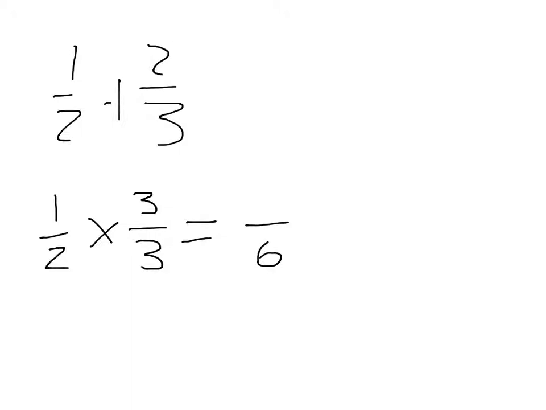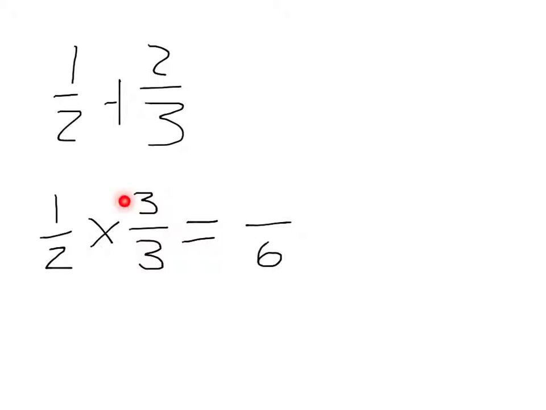Because remember, we're looking how to get this denominator to 6. And in order to get our denominator to 6, we would multiply 2 times 3. And here, what we're doing, you have to multiply the top number by the same thing that you multiply the bottom number. Okay? Keep in mind that 3/3 is equal to 1.